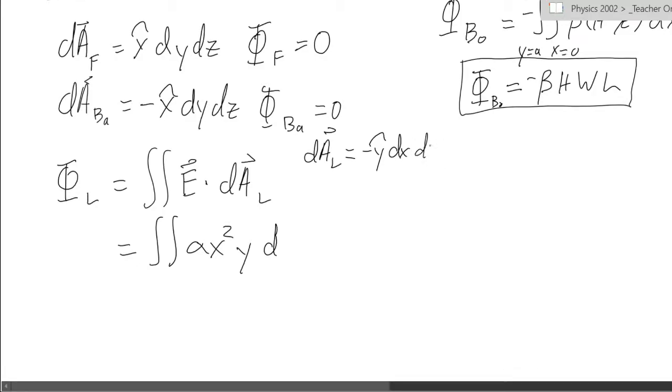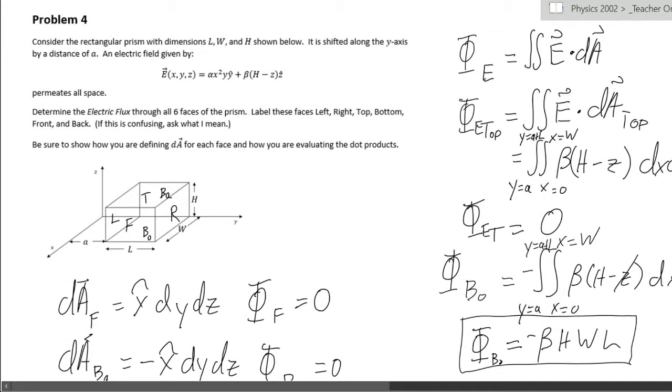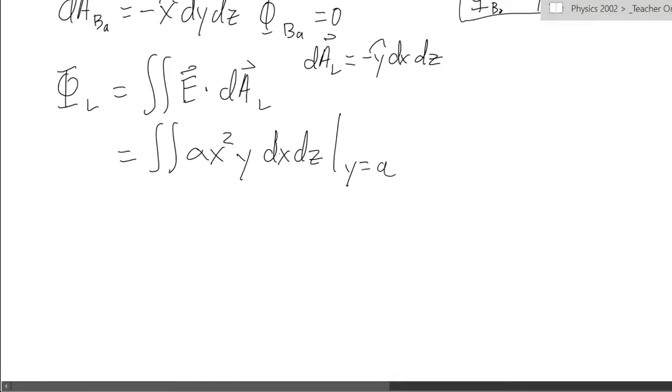We're evaluating this for y equal to a, because that's where the left face is. On the left face, all of the values of y are just going to be a. And this goes from x equal to 0 to x equal to w, and z equal to 0 to z equal to h.